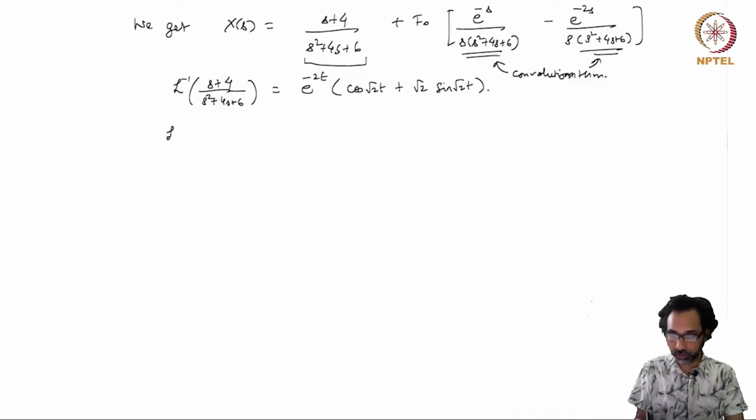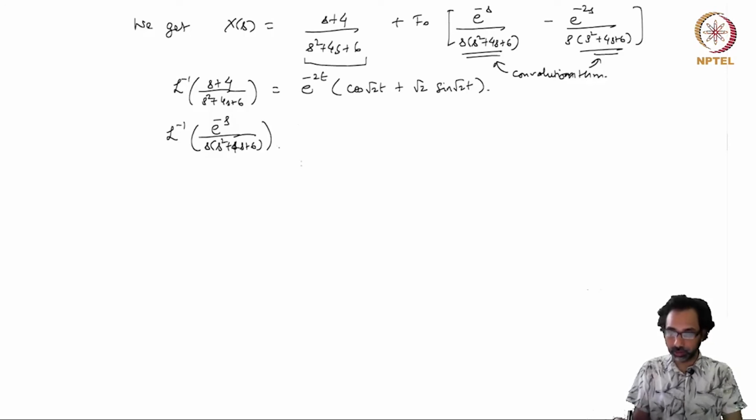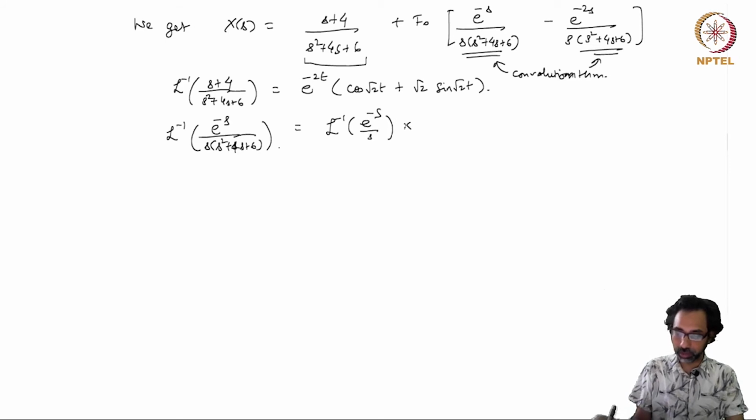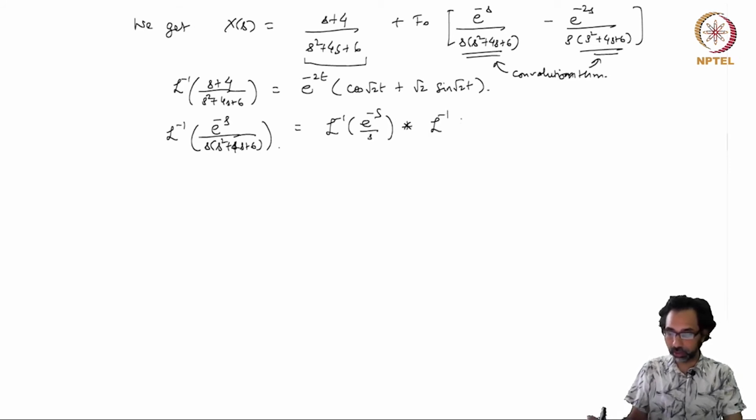So for example, for the first one, e to the power minus s over s times (s² plus 4s plus 6), this is equal to the convolution of the inverse of e to the power minus s over s and the inverse Laplace transform of 1 over (s² plus 4s plus 6).